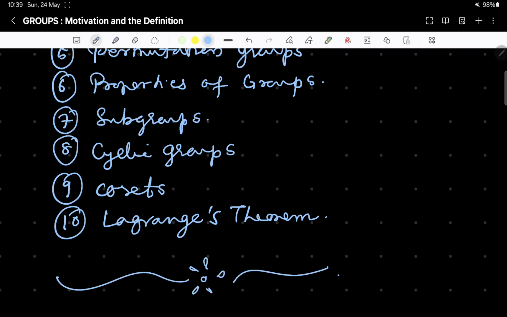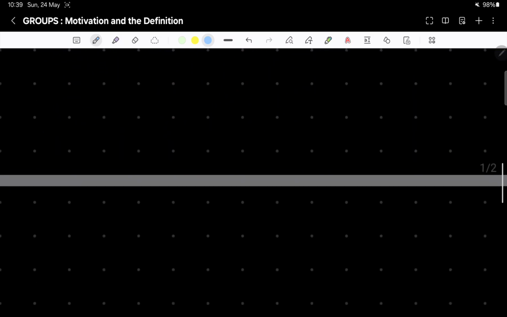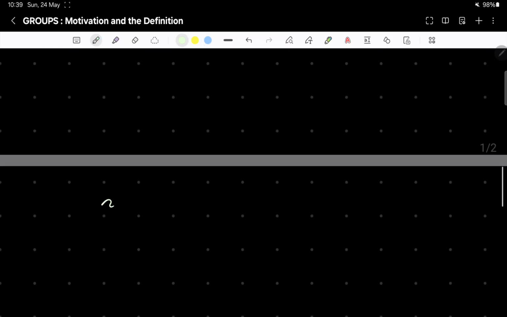Okay, so let's see. We'll start by asking why do we need a group, and what is the motivation. I would give you a practical example later, but now we will define things mathematically in a more formal way. What's our idea is, we want to observe a very interesting set, integers.